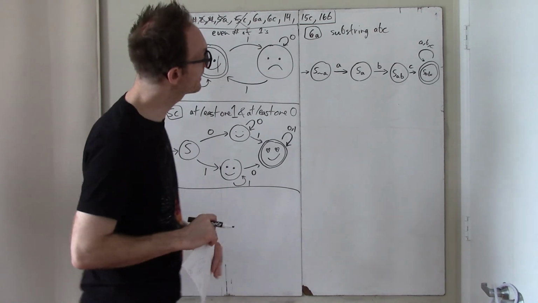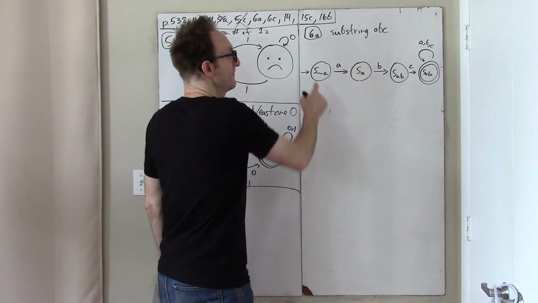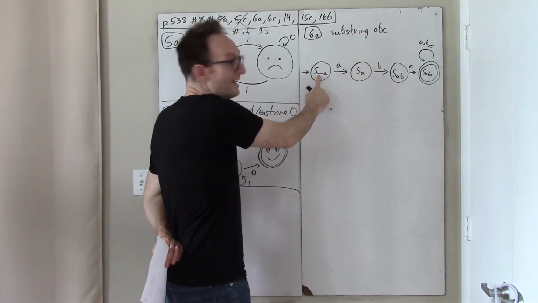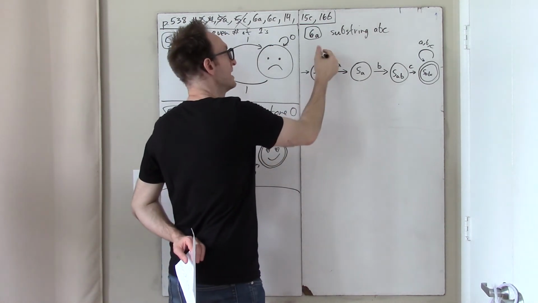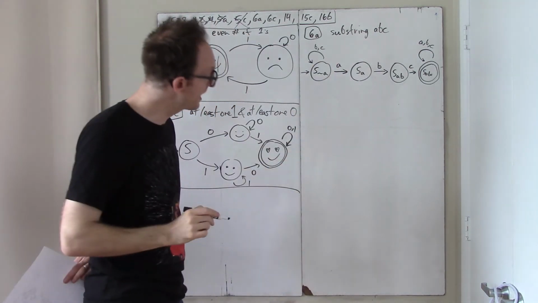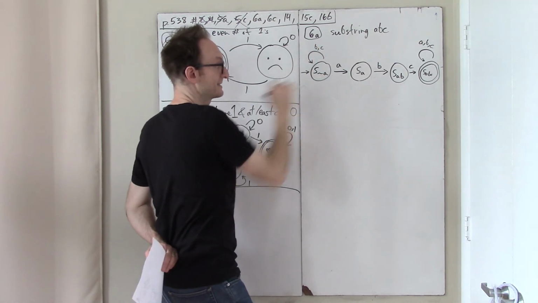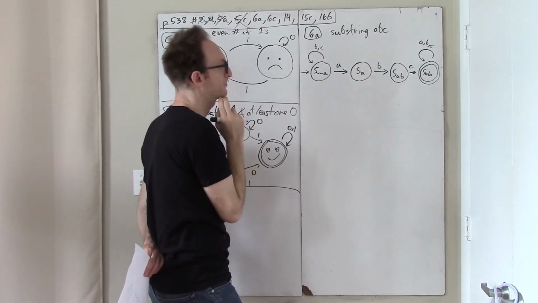But the string might not begin with ABC. It might begin with a B, for example. If it begins with a B, then I just wait. And if it begins with a C, I also just wait. And so I should put a B and a C here, and stay in this state, the previous character was not an A. Okay, that's pretty clear, I think.